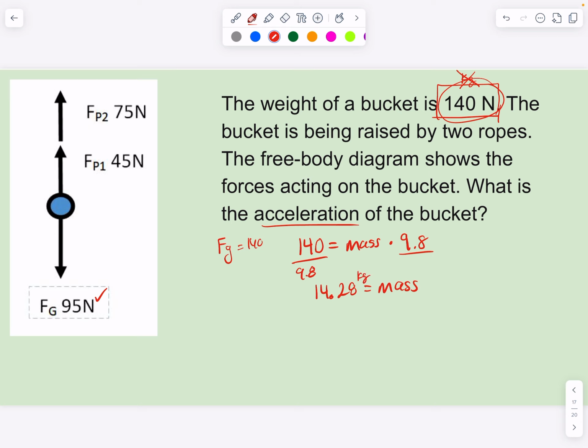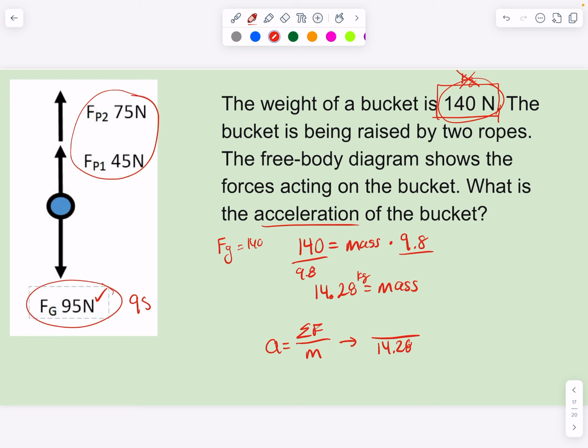Now that I have it in kilograms, I can use my acceleration formula and say acceleration equals the net force divided by mass. Well, my mass we said was 14.28, but what about my net force? To find the net force, I need to look at the components going this way and the component going this way.